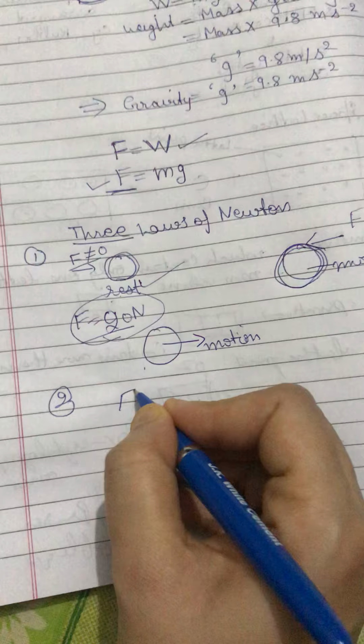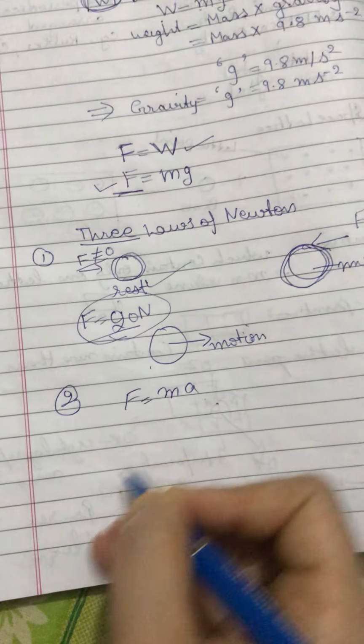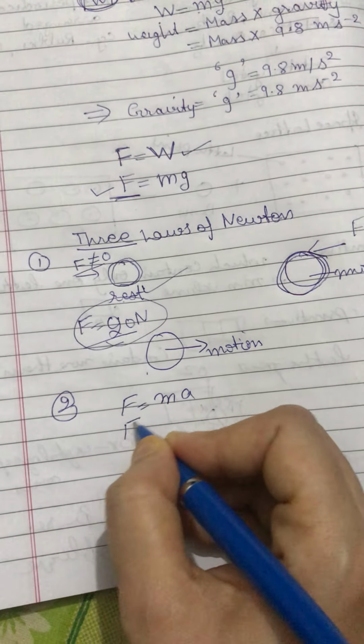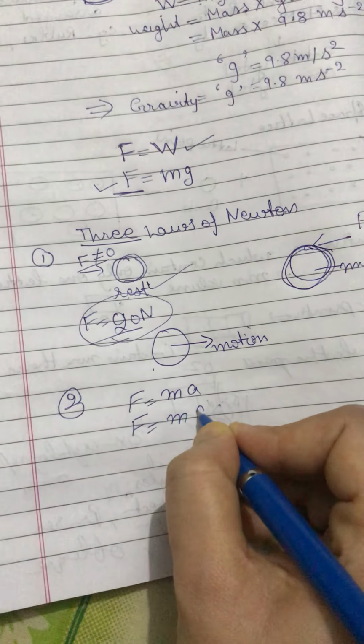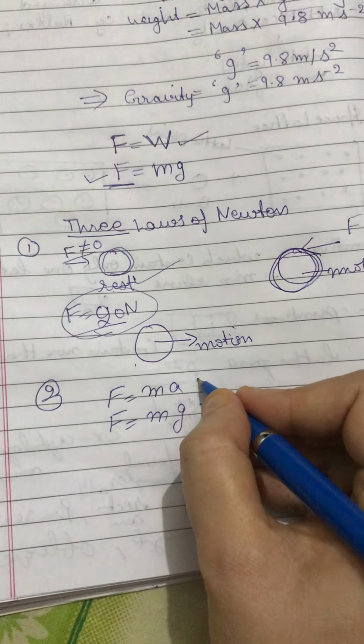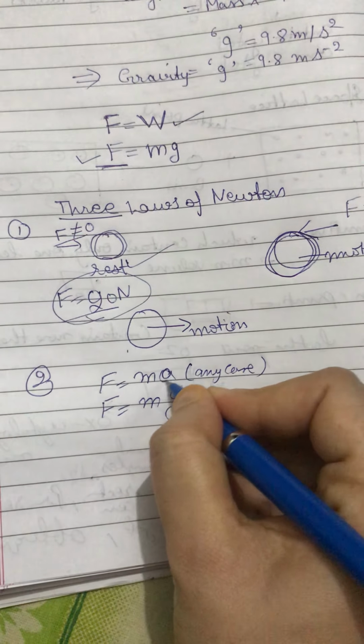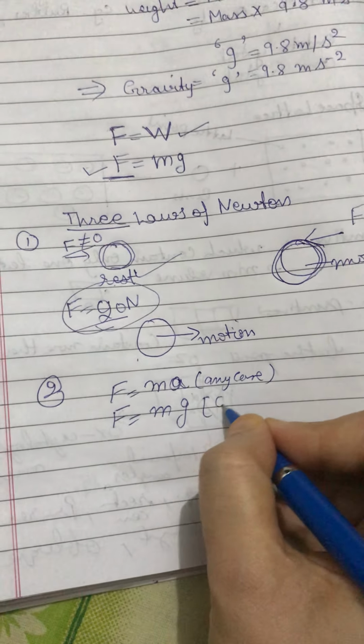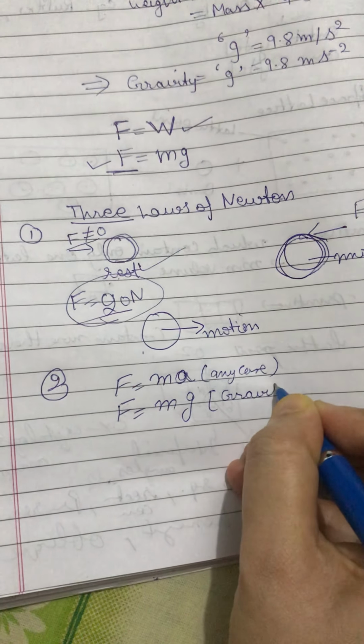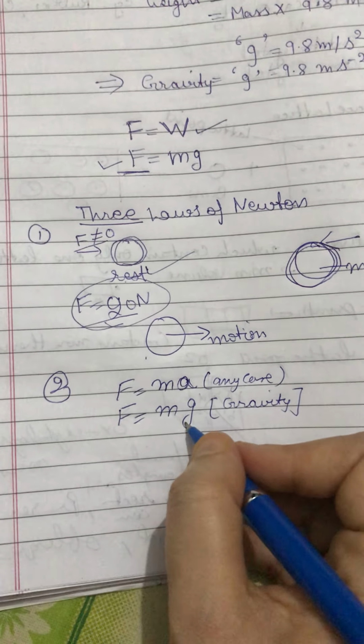The second law is force is equal to mass into acceleration. In the case of gravity, force is equal to mass into g. In any case of force we apply a, and in the special case of gravity we apply g.